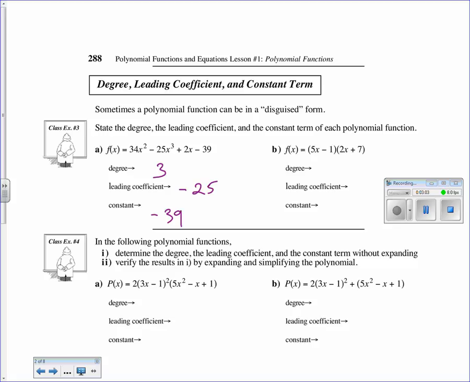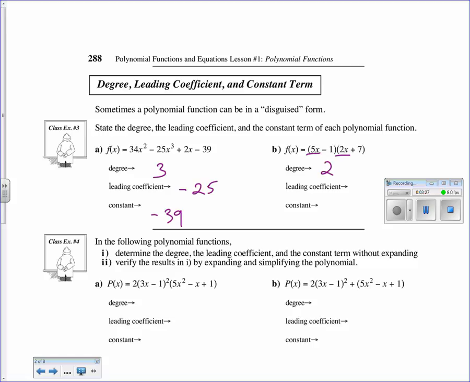In example B, I actually don't have anything multiplied out. Now I could FOIL that. So foiling would lead me to numbers that I could understand. But the degree of the polynomial comes from taking the x's and finding the highest power of x I'm going to get. I'm going to get as the highest power 2.